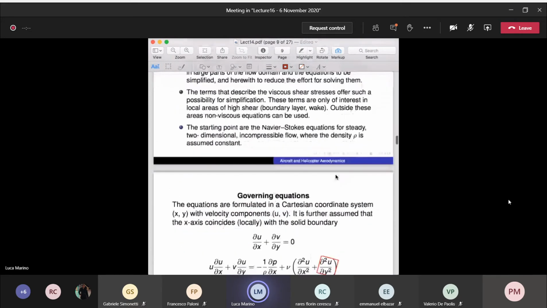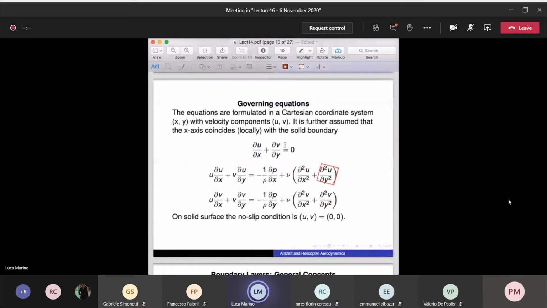So I told you that if we consider the Navier-Stokes equations that are reported here in dimensional form, we want to simplify these equations.